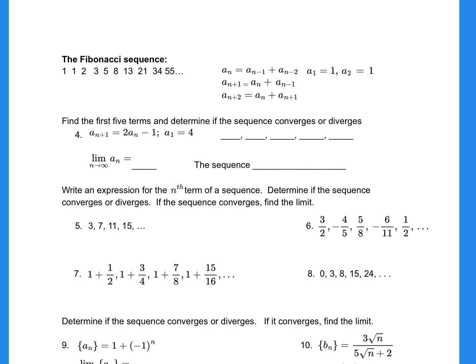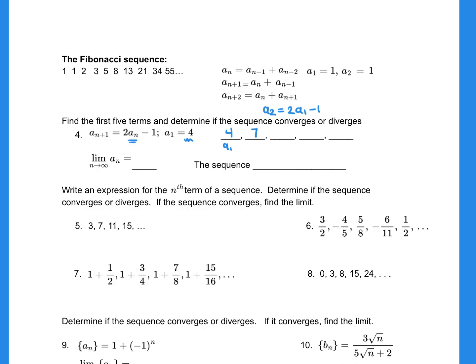All right, an is equal to 2 times an minus 1 minus 1. Notice it is recursive because it's dealing with a previous term. They gave me a starting point. So this right here is a1. So if I want to find a2, it's going to be 2 times a1 minus 1. So 2 times 4 is 8, minus 1 is 7.